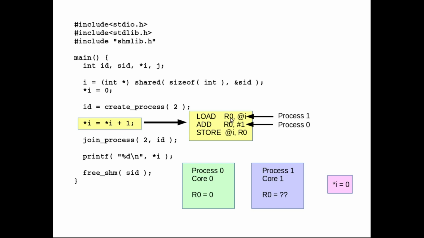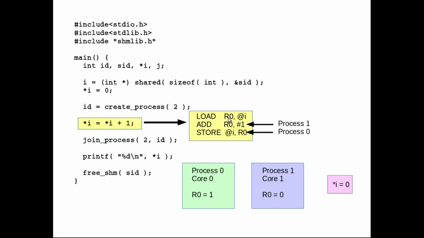And when process 1 executes the load instruction, the value from the shared variable will be loaded into register R0, and since process 1 belongs to core 1, it will be loaded into R0 of core 1. And these are the changes we see. R0 in core 0 changed to 1 because of the add instruction, and R0 in core 1 changed to 0 because of the load instruction.